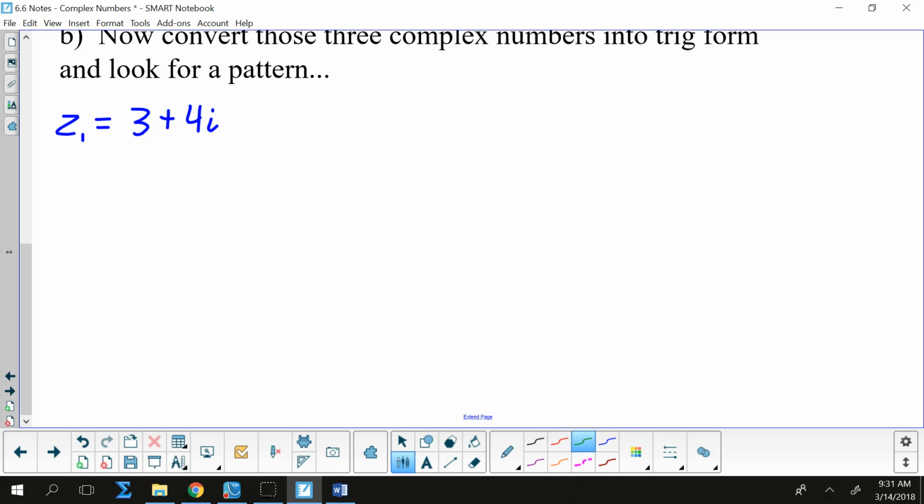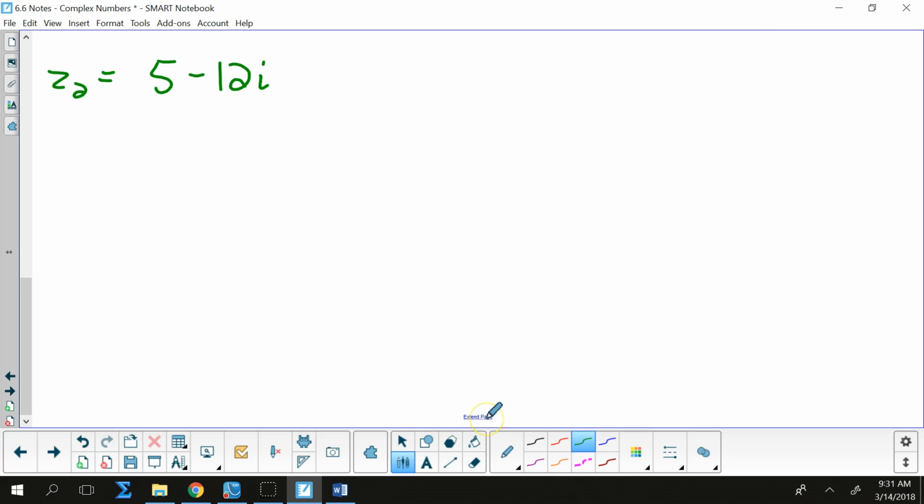Z sub 2 was 5 minus 12i. And z sub 1 times z sub 2 was 63 minus 16i.